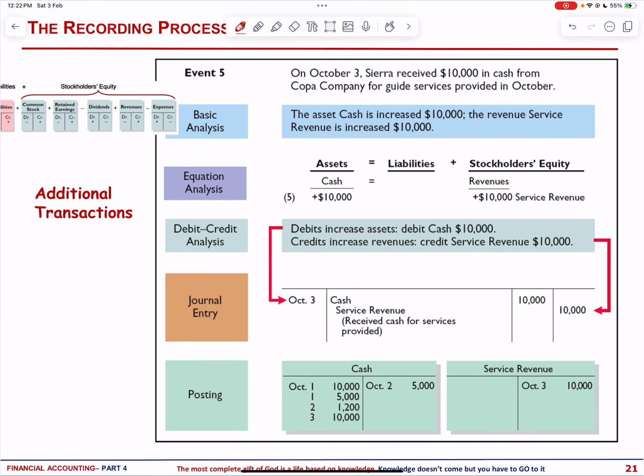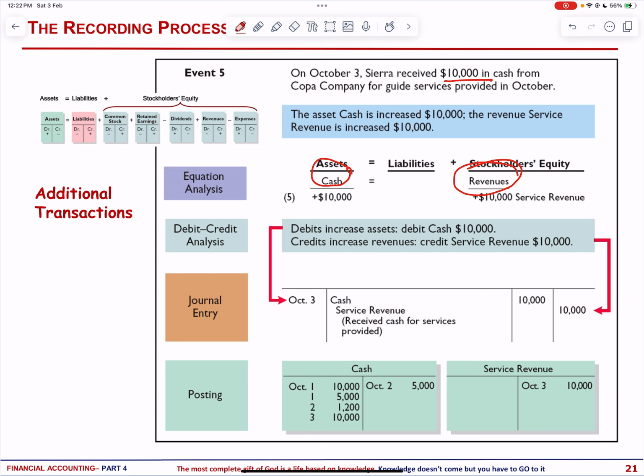On October 3, Sarah received 10,000 in cash from Copa Company for guide service provided. So the two accounts affected are asset, that is cash is increasing, and so is the revenue.